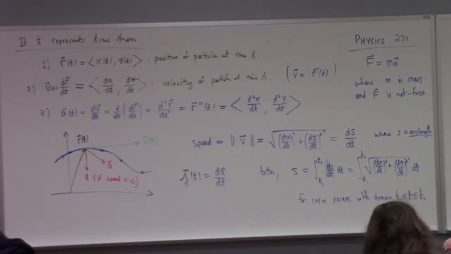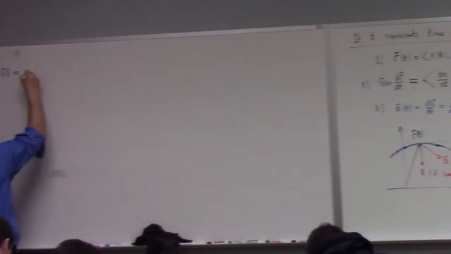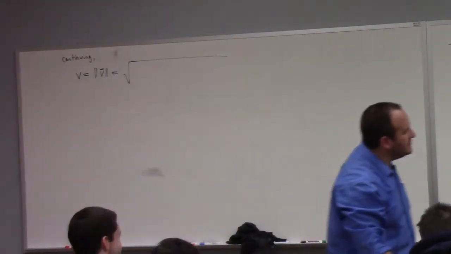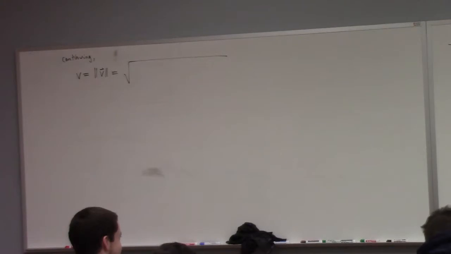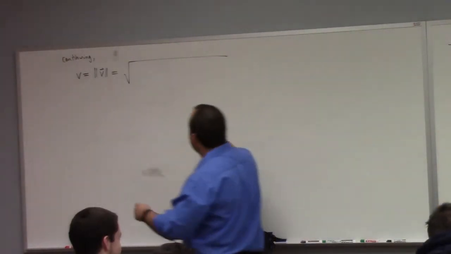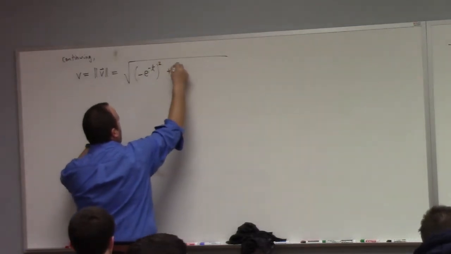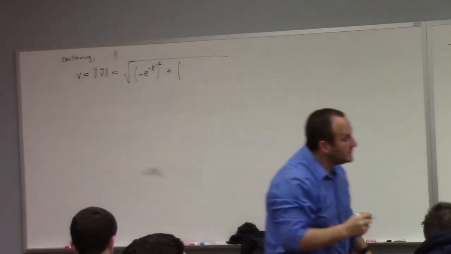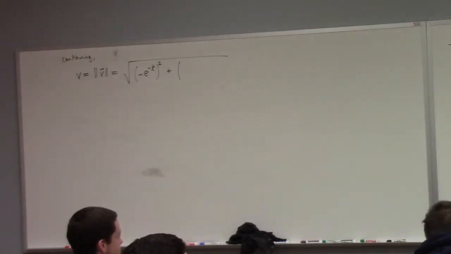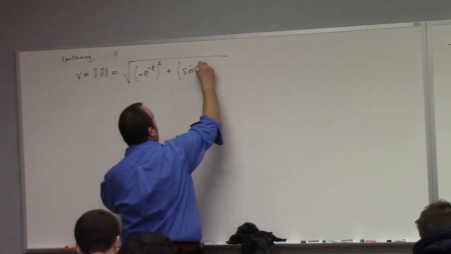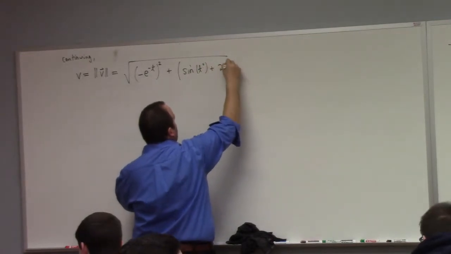Speed, the magnitude of the velocity, it's the square root of minus e to the minus t squared, right? Plus, what was my y velocity? What's dy dt? Sine t squared plus 2t squared cosine t squared.